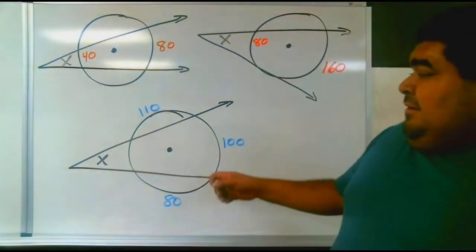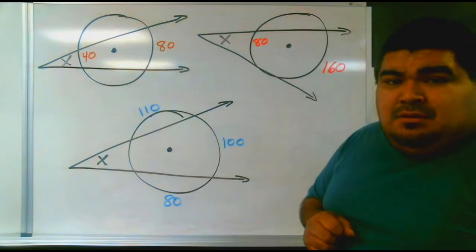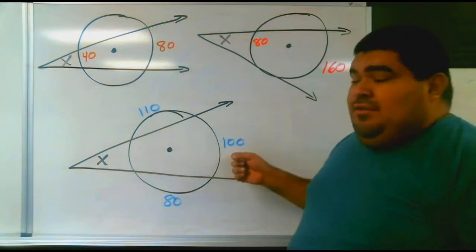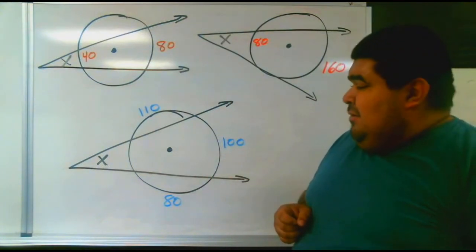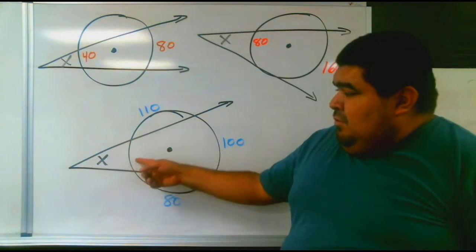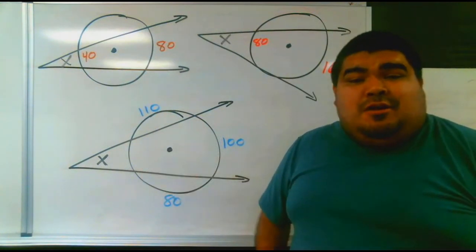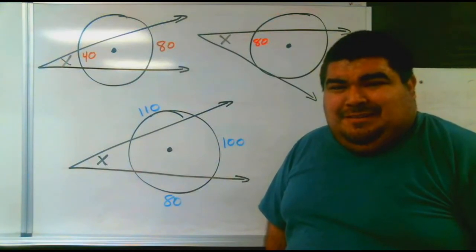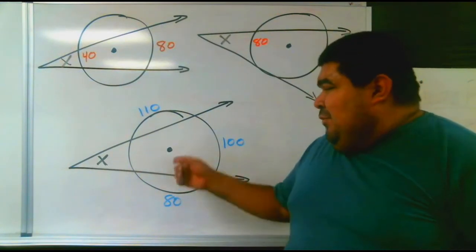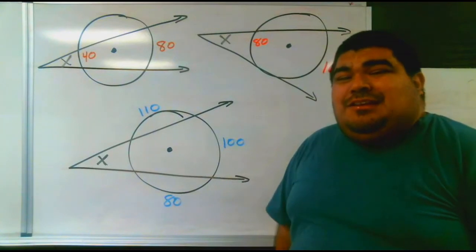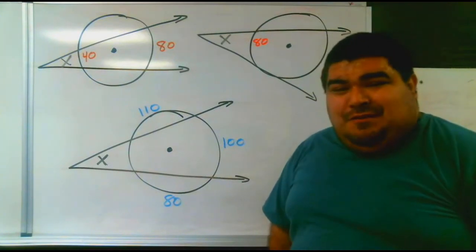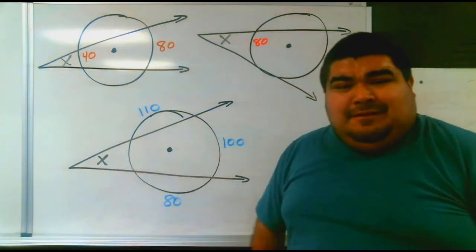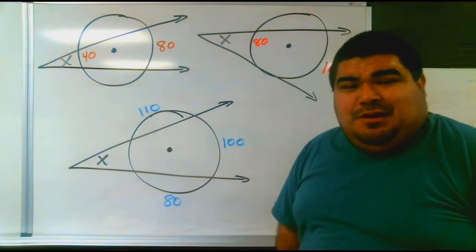And finally, we have 100 on the outer arc. We don't have a measurement on the inner arc. Hint, hint. This one is for extra credit. We'll see if you can solve that one, and then solve for that x as well.